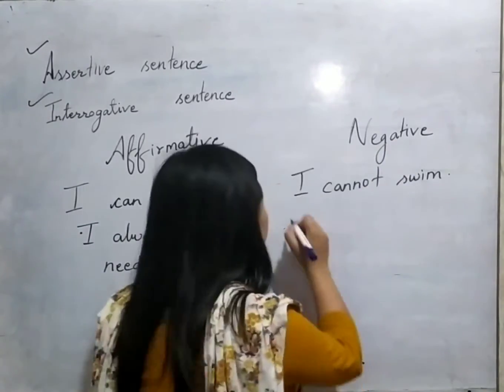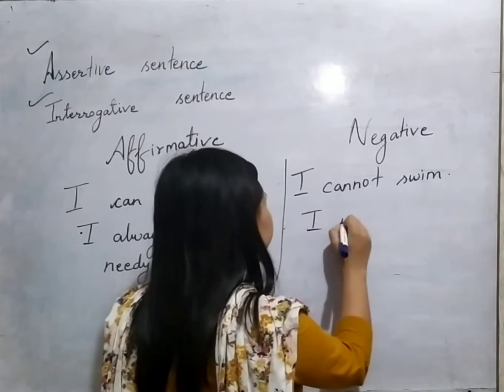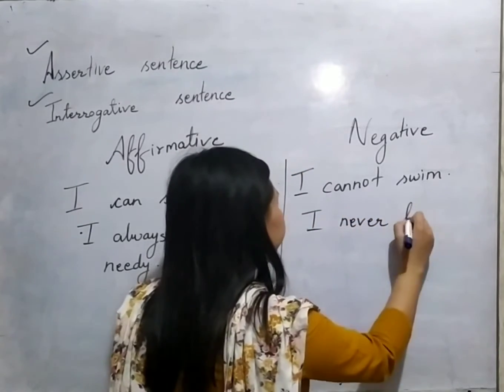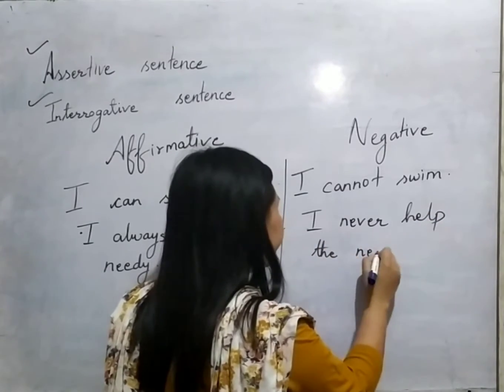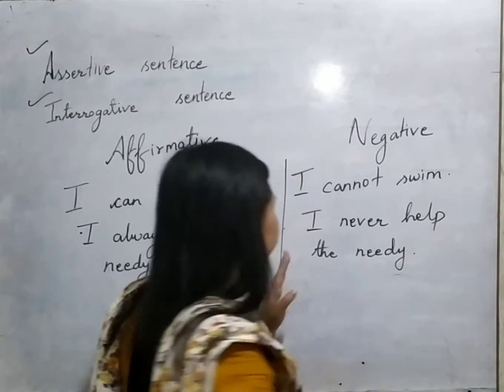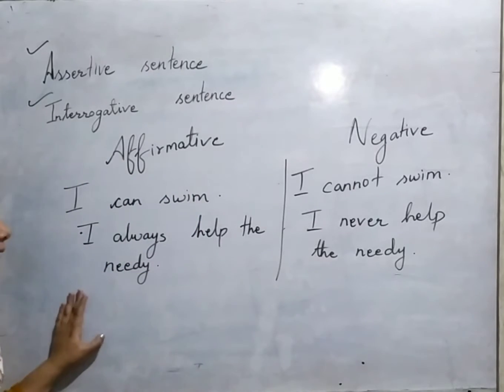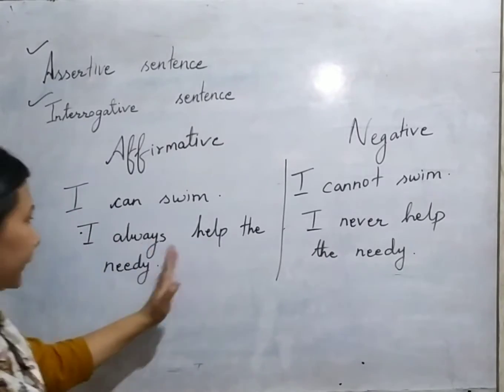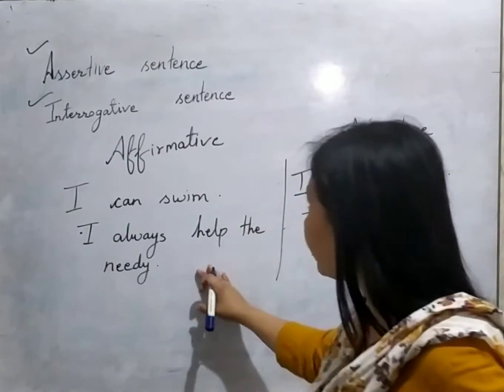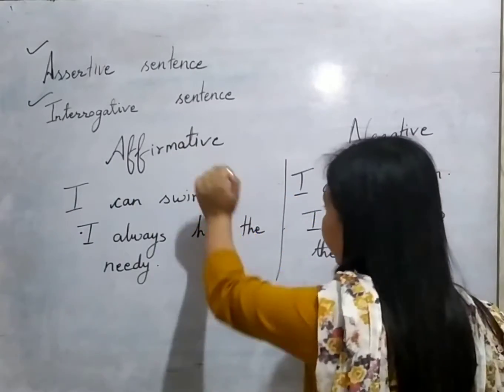But if I write here, I never help the needy, that is the person who is in need, I never help them. So these are examples of sentences that fall under the assertive sentence category. The ones I have written towards the left are affirmative.